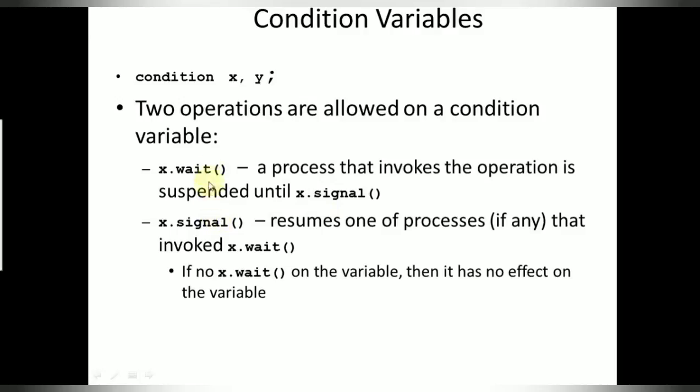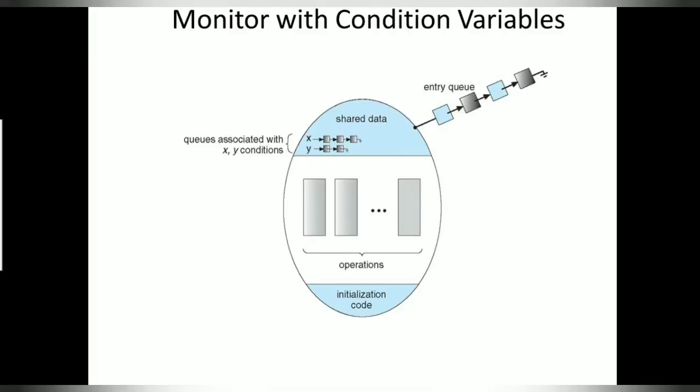The operations of wait and signal are the same as in your semaphore, but monitors attach those operations to condition variables, which is an even more effective way of handling process synchronization. Probably you will understand this when we address some examples of monitors.